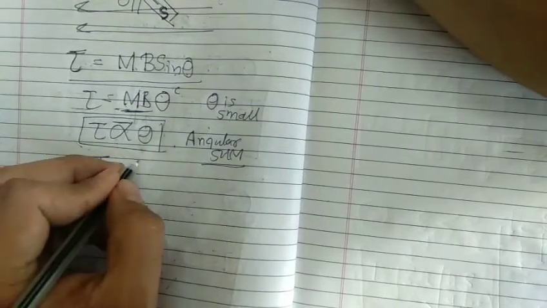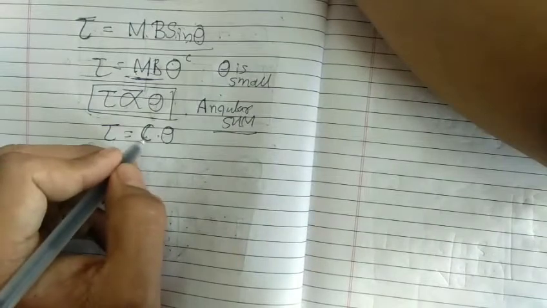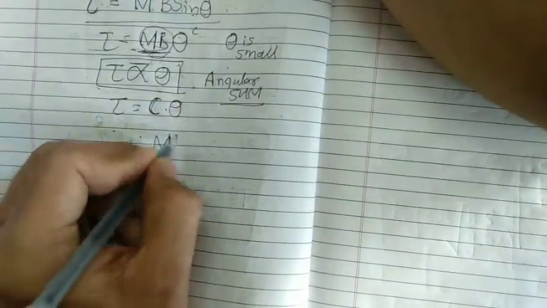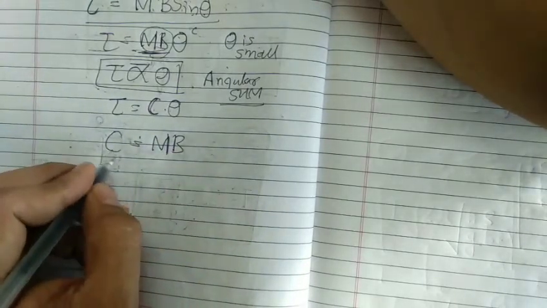When you remove this proportionality sign, the constant is C. Remember, we have discussed it earlier. So C is in the place of mB, or you can say mB is in the place of C. Now, C we got.